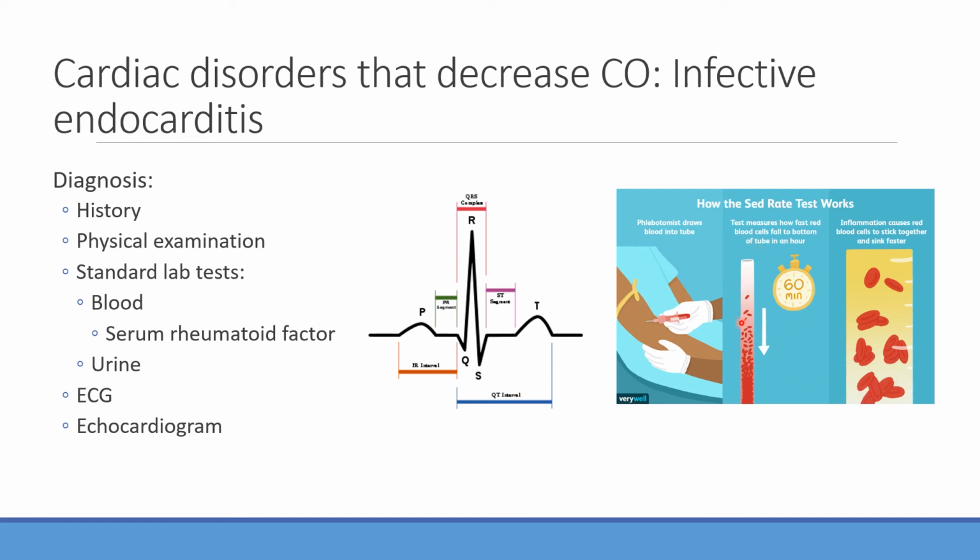But the rate at which the erythrocytes settle out, the faster they settle, usually that's an indicator that you have an inflammatory reaction in your body, which would happen if you have an infection, right? So the faster that erythrocyte sedimentation rate occurs, it's an indicator that your erythrocytes are displaying a hallmark symptom of inflammation.